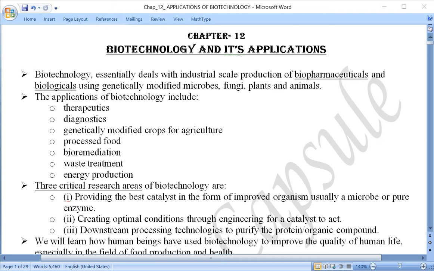And after that we have learnt about the processes of recombinant DNA technology. If you remember, 6 different steps we have discussed in that. First of all was the isolation of the genetic material, followed by cutting of the DNA at a specific location so that small fragments can be available.